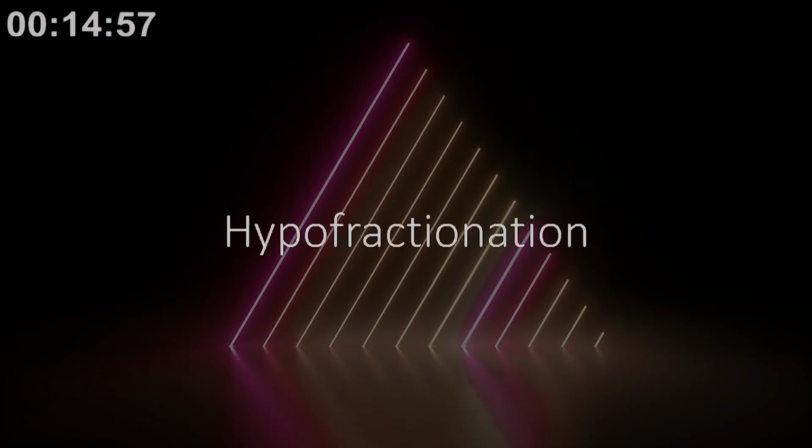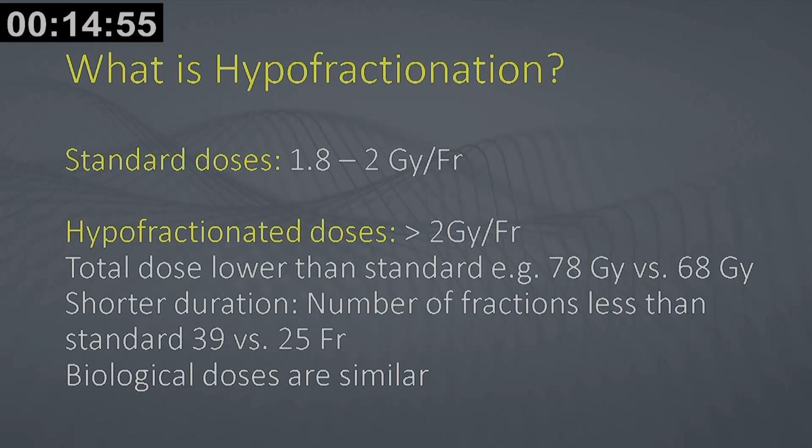So we talk about hypofractionation, and what is hypofractionation? Anything more than 2 gray per fraction. One example I give is 68 gray in 25 fractions, which is 2.72 gray per fraction. So biological doses are actually similar to what we use. However, the dose per fraction was larger, and as a result the total dose was lower.